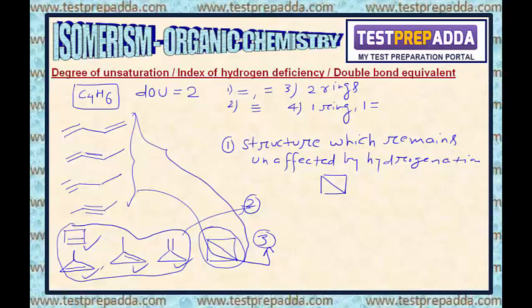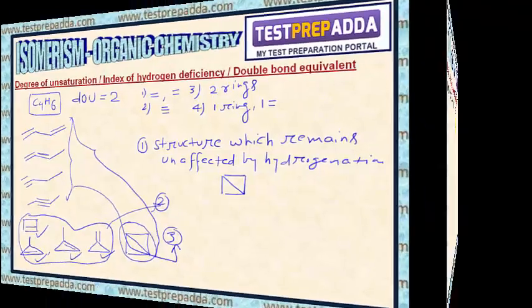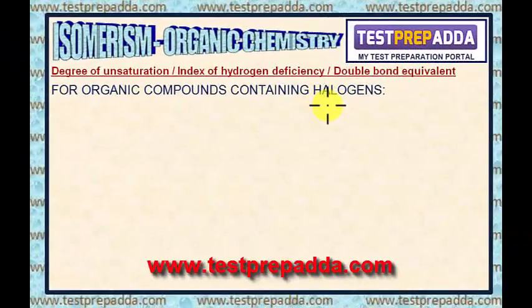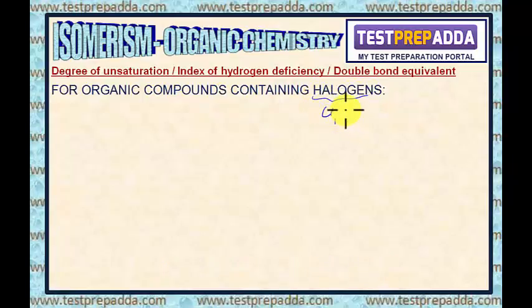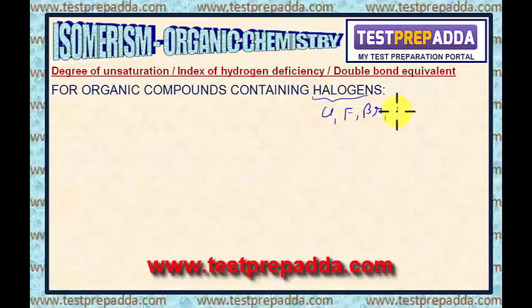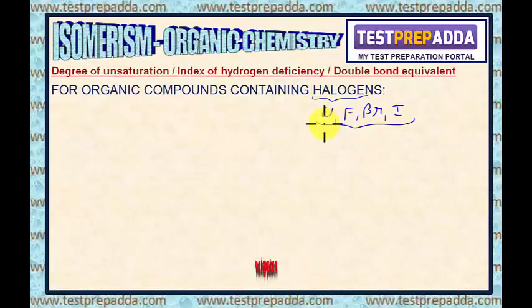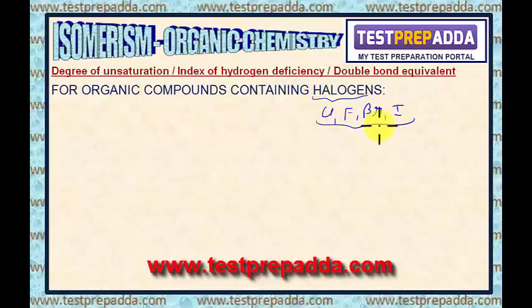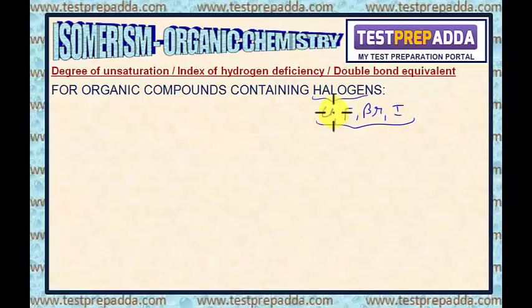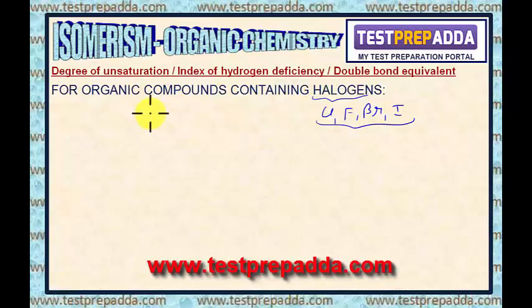Now I will talk about the degree of unsaturation for those organic compounds which contain heteroatoms like chlorine, oxygen, nitrogen. Since halogens are monovalent, chlorine, fluorine, bromine, iodine (Cl, F, Br, I), these should be replaced with hydrogen atoms to find the degree of unsaturation.